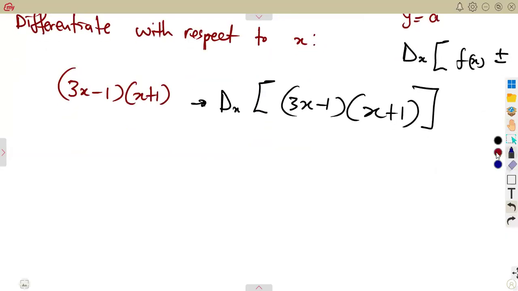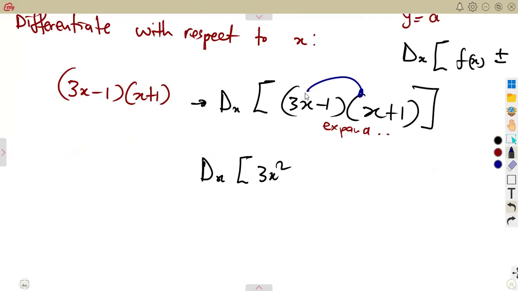So the first thing, we need to remove the brackets. That is to expand the brackets. Okay, we are not differentiating yet, we are still to differentiate. So this can be written as, expand your brackets, 3x times x. That will be 3x squared.